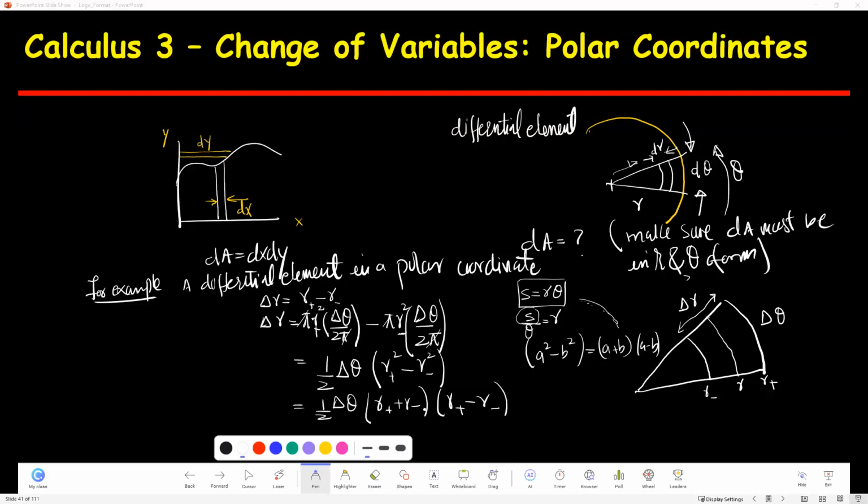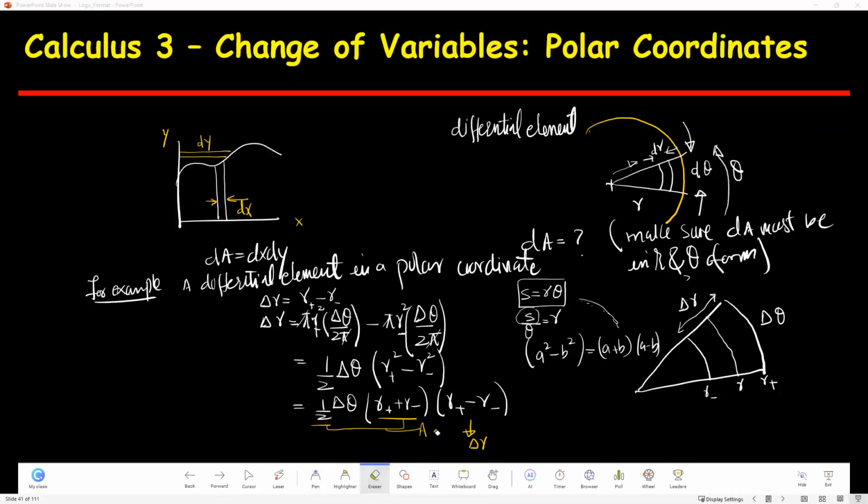Okay. This one can be called delta r, right? R plus minus r minus, we already talked about how we can call it delta r. This one, if I put them together, that could be the average of the two, and we can call it r, right?